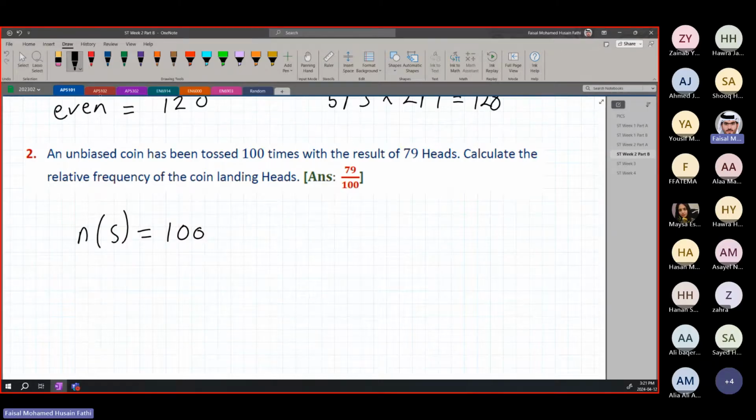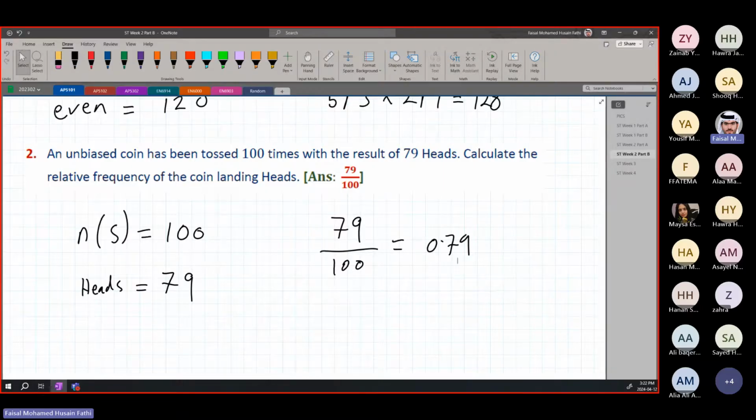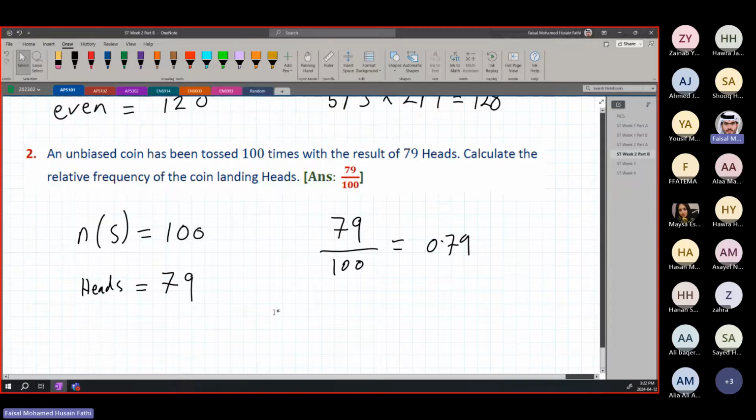For the number of times head has been gotten, heads is 79. That is how many times you got head when they were flipping the coin. So when you want to calculate the relative frequency, you're just going to do 79 over 100. All right? That's it, which is equal to 0.79. This is the whole idea of relative frequency.